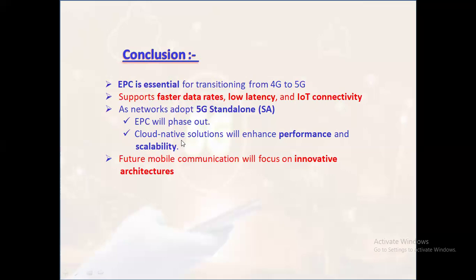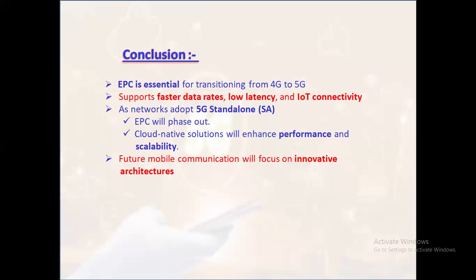The next one is that cloud native solutions will enhance performance and scalability. How has it been done? The transition from EPC to 5G core will pave the way for cloud native solutions. This is a very important property that offers significant improvements in performance and scalability. These modern architectures leverage virtualization and microservices, enabling more efficient resource management and dynamic scaling to meet fluctuating demand.